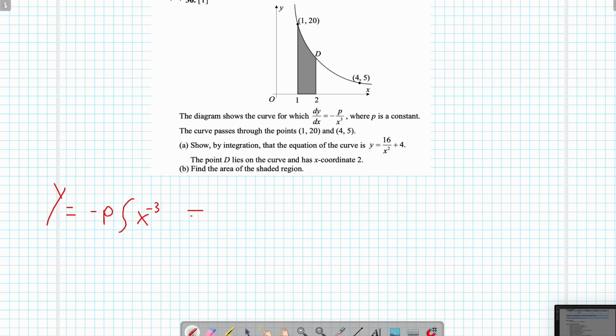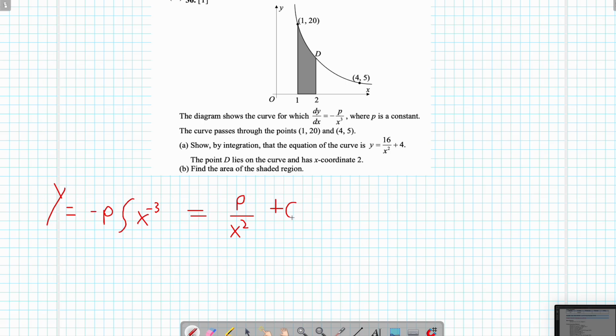This is going to be equal to p over x squared plus c.